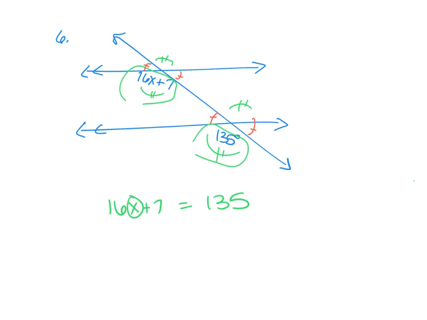So we subtract 7, and what do we get? 128. Yep. So 16x equals 128. And when we divide by 16, what do we get, Aiden? 8. x equals 8. If they had told you we want to find the angle, then the angle would be 135. That would be an easy question, but they want you to find x, okay?